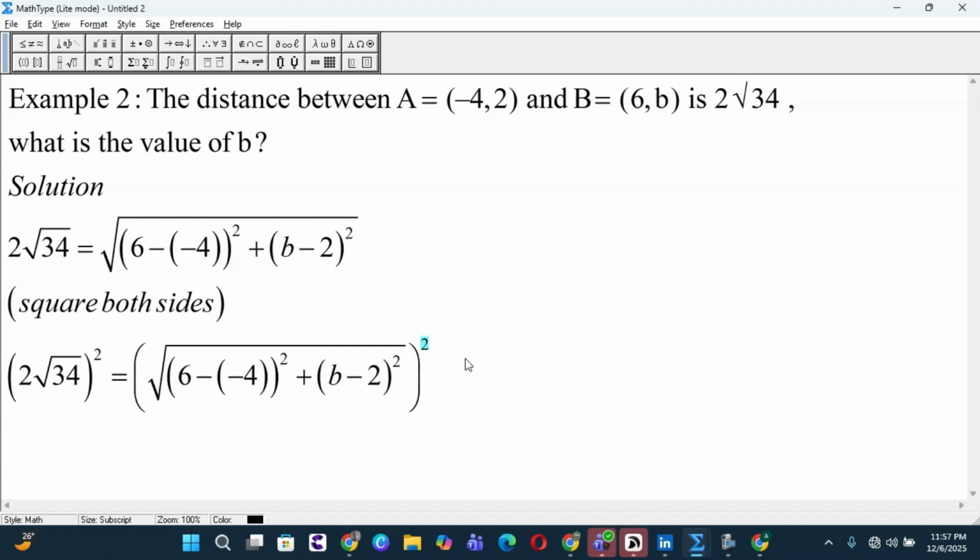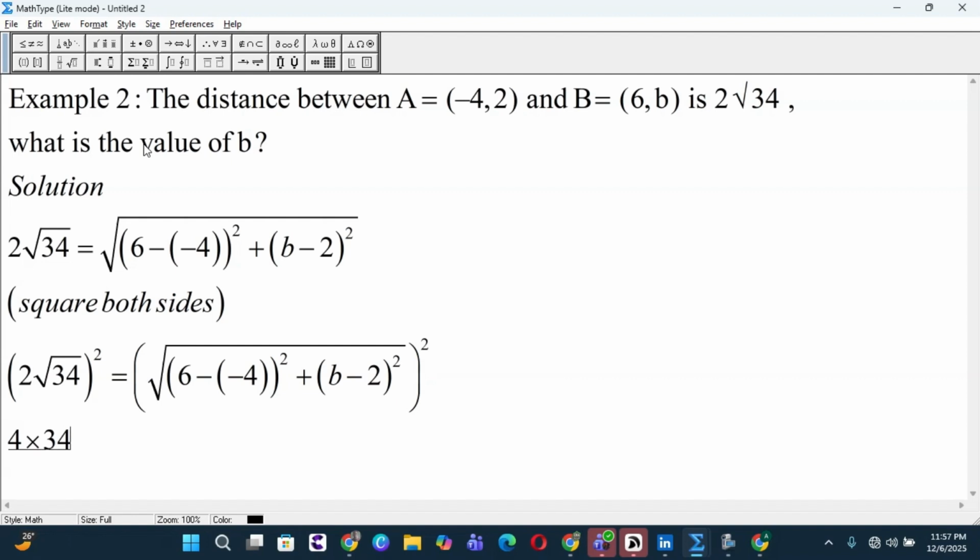If I square this, 2 squared will give me 4. Then the square on this square root sign will remove the square root symbol, so I'm going to have what I have inside the root, that is 34.